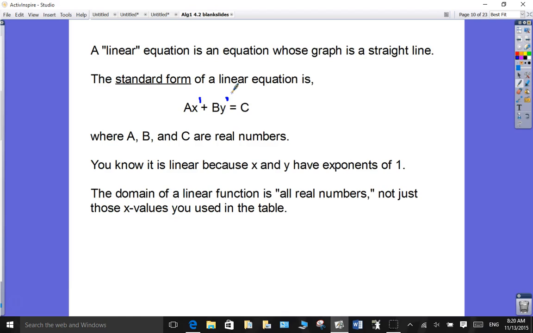The set of the inputs. In this case, the inputs are x, so it's the set of the x values. But if there's an infinity of x values, how do you write the domain? Not by making a list. You can't make a list of infinity of points.